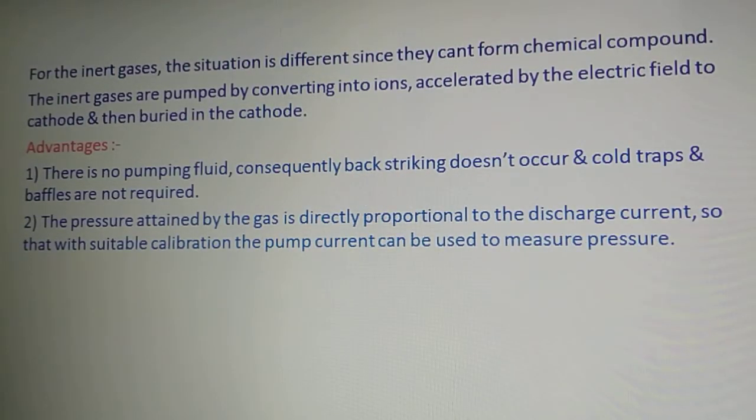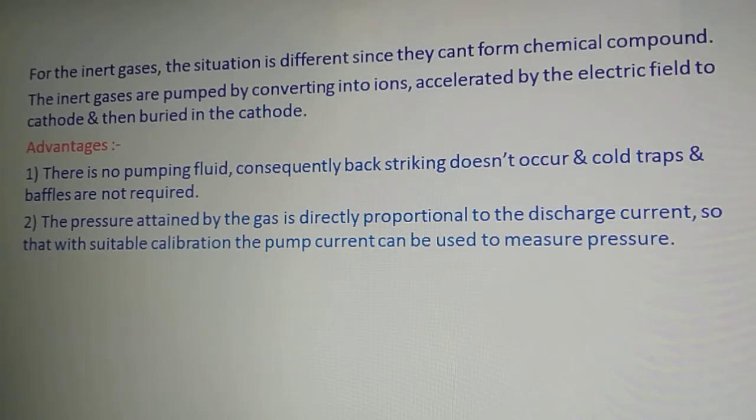For inert gases, the situation is different since they can't form chemical compounds. So in the case of inert gases, these gases are pumped by converting them into ions, which are then accelerated by the electric field to the cathode and buried in the cathode.